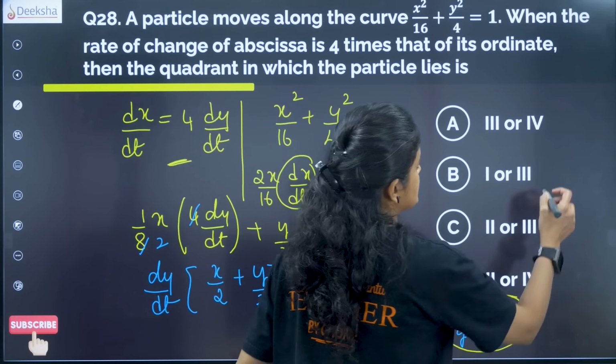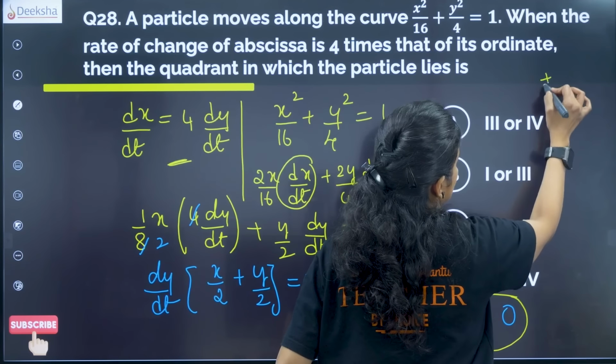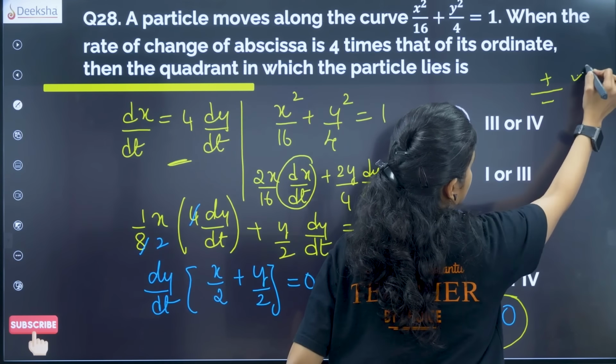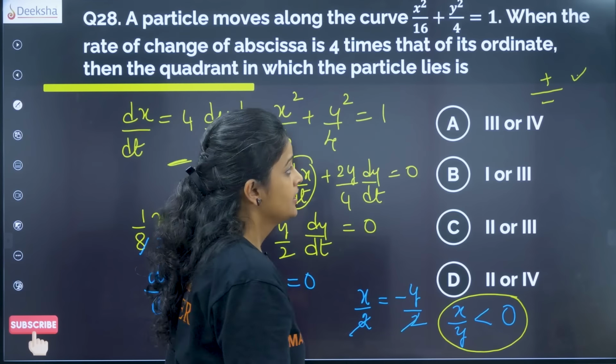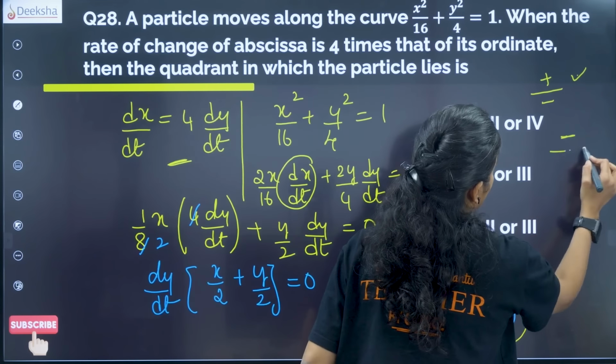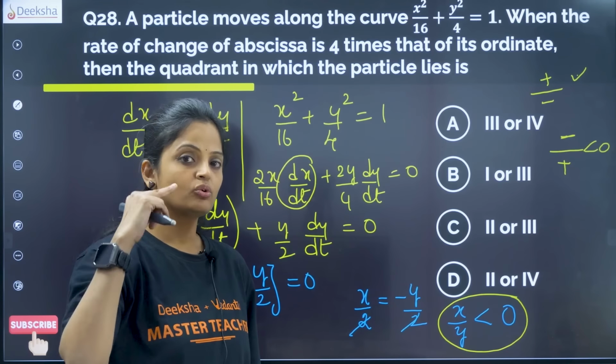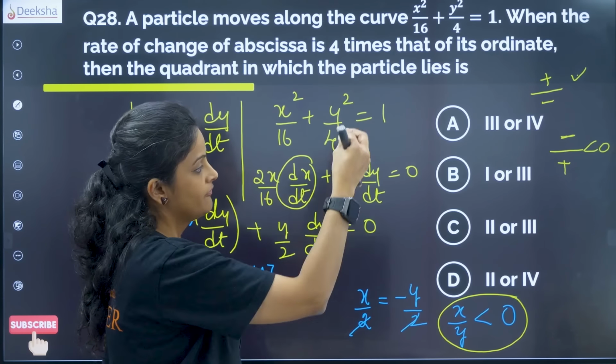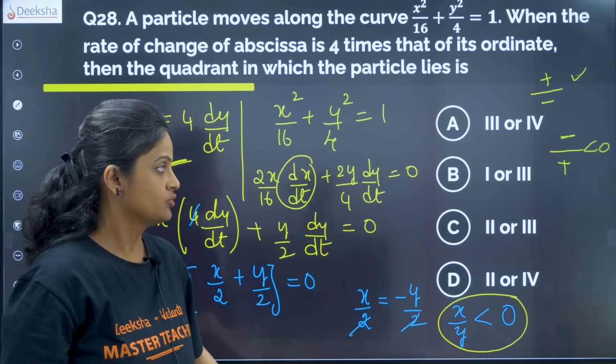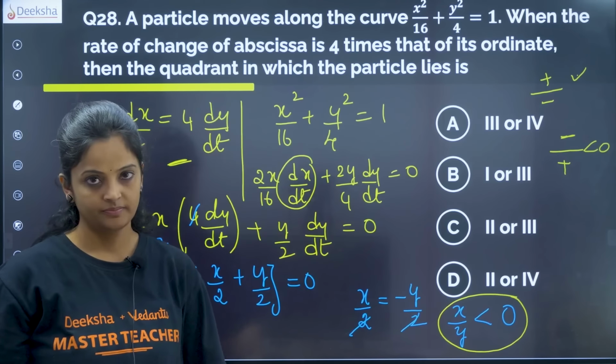Two possibilities. When x is positive and y is negative, we are getting negative. In this case, when x is negative and y is positive also, I will get negative. Correct? When both are positive, I have positive. When both are negative also I have positive. So these are the two cases.